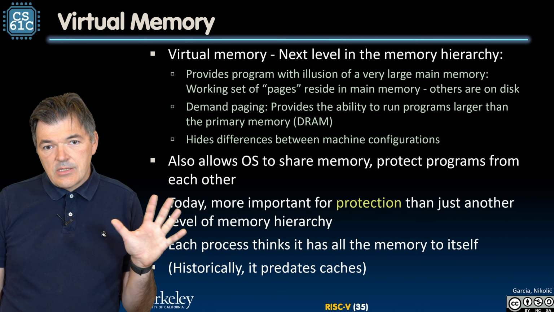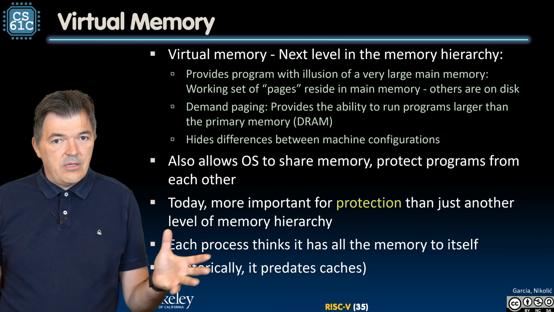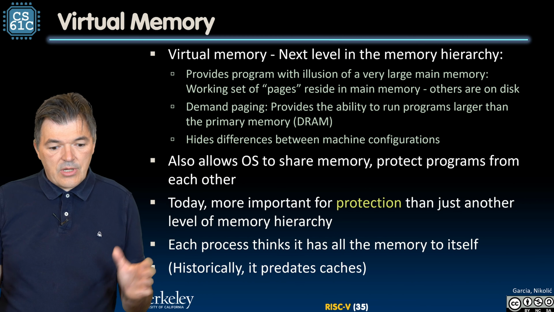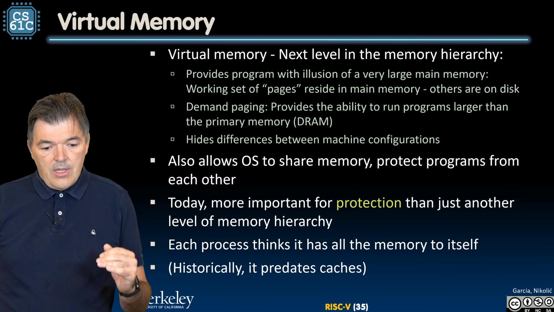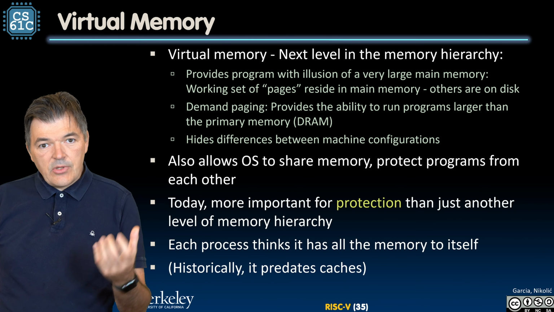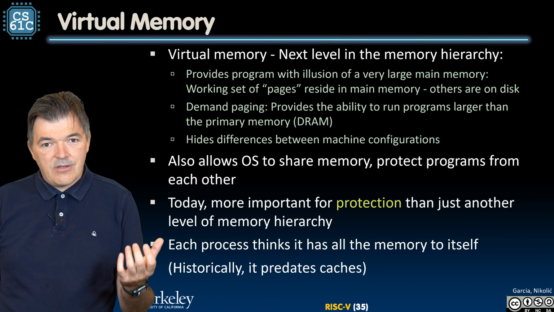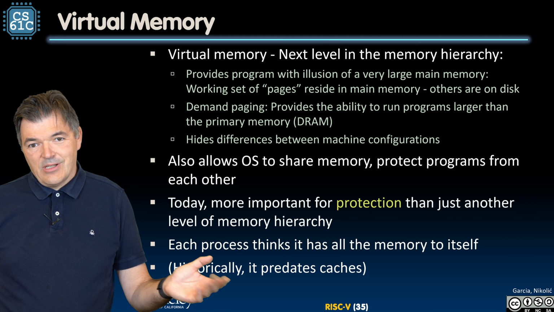So every process sees its own world, and the OS is there to orchestrate that. Virtual memory supports that, such that when a process has the processor, it thinks that it has all the memory to itself.